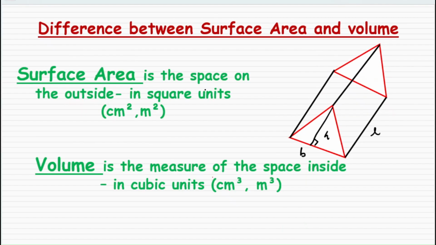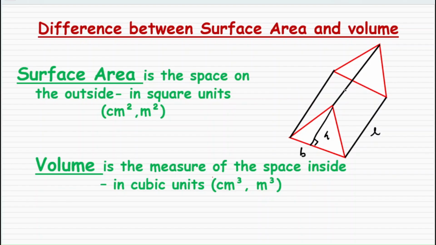So what is the difference between surface area and volume? Surface area is the space on the outside. How much you need to, suppose, paint it or gift wrap it, correct? How much is the packing outside? That is the surface area. And the volume is how much space is inside this solid.